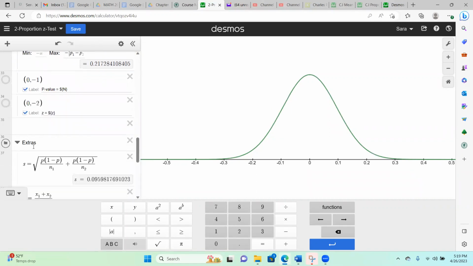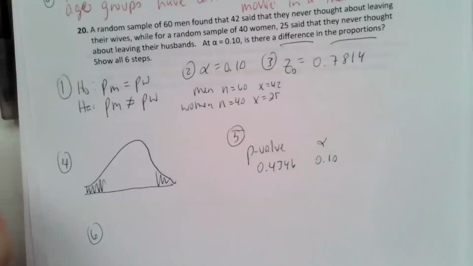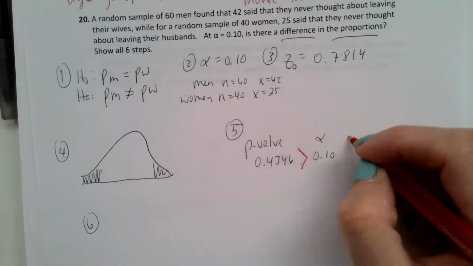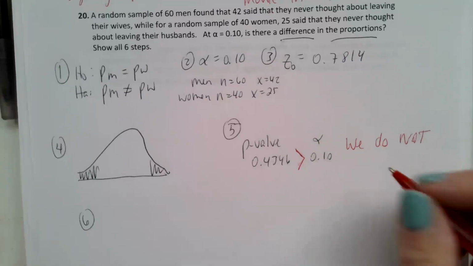Our extras are going to give us our Z score down here, which is pretty small. It's 0.7814. So when we look at this, our p-value is greater than alpha. So we do not reject H0.